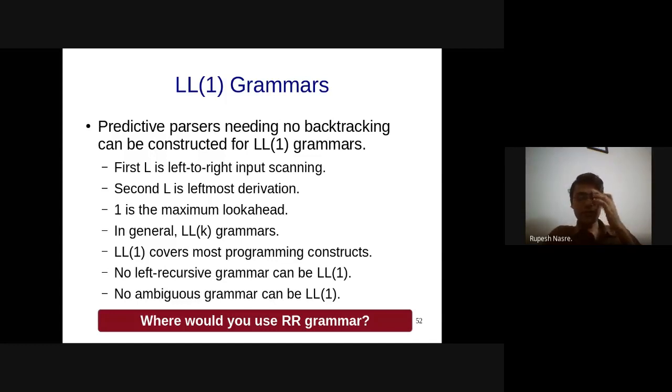In the general setting, we are talking about parsing. Of course, we are talking about programming languages, but I think you guys are too much into programming languages. In general, can you use RR parsing somewhere?